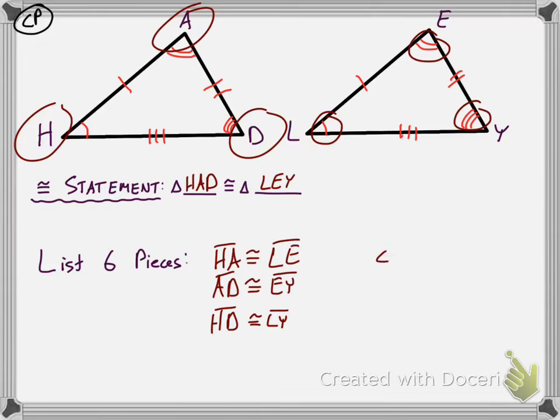We know that angle H is congruent to angle L. Angle A is congruent to angle E. And angle D is congruent to angle Y. So there's our 6 pieces of information, and we were able to use some shortcuts from our part 1 lesson that we'll be using in our proofs.